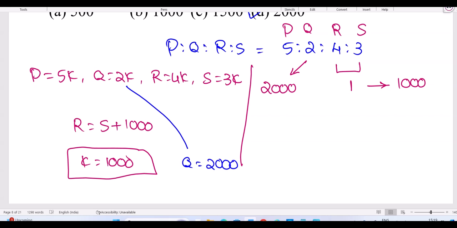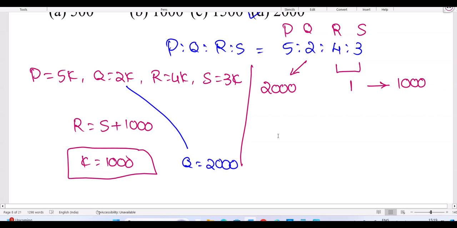If they want to make the same question difficult, they can split it like PQ, QR, separate ratios will be given. R and S difference is 1000. Then what about Q? Means you need to know the QR joint ratio equivalent. From R, you need to compute Q, those three joint ratio equivalents, that you need to find and handle. Okay, that's also one of the things you can do.